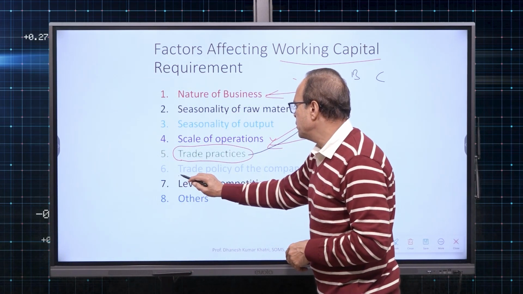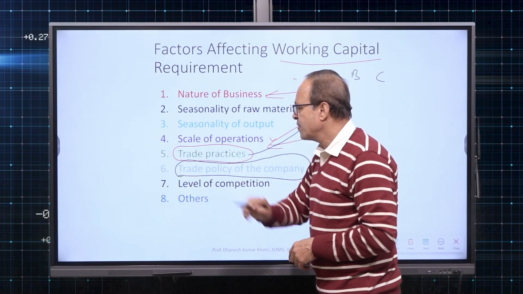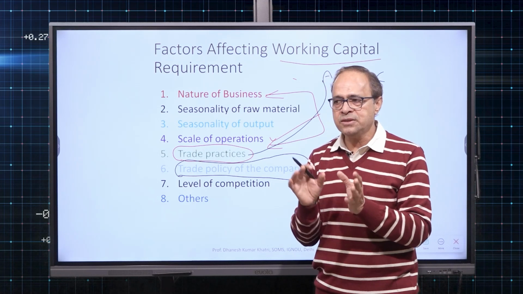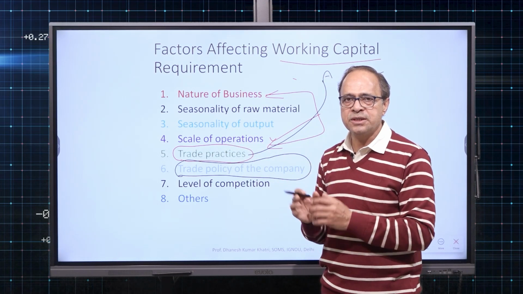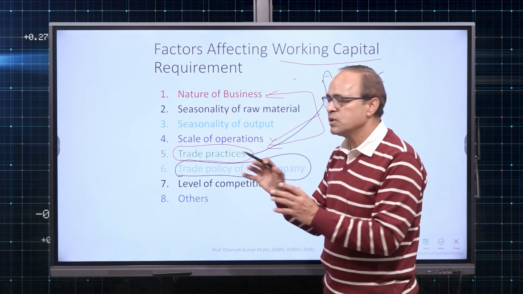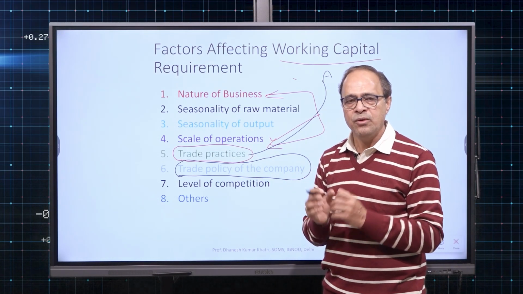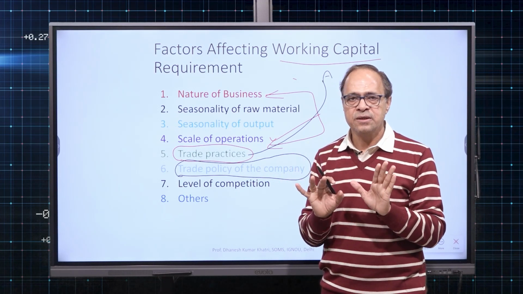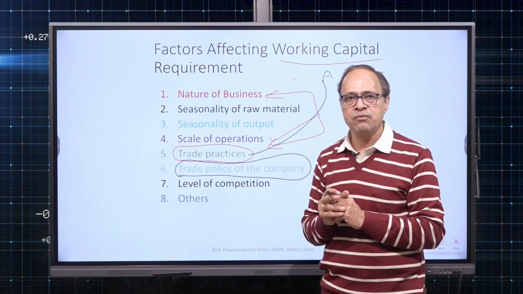Similarly, trade policy of the company. So, trade practices and trade policies are a little bit different. Practice is you going along with the market, changing your credit policy, changing your inventory policy along with the market wide factors, keeping into consideration competitors. Whereas, trade policy may be one standard policy, that yes, we will never deviate from our policy of giving credit or not giving credit.